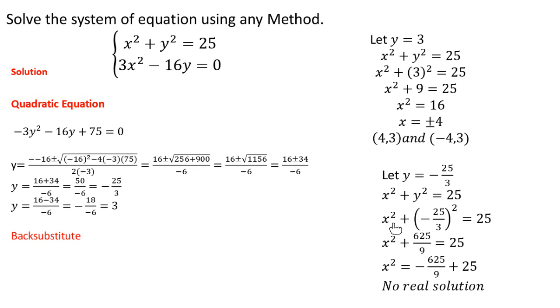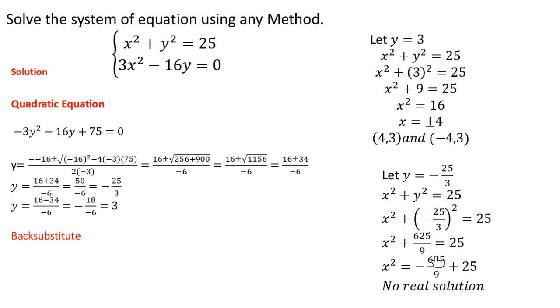So if I substitute negative 25 divided by 3 for all my y's, I get x squared plus negative 25 divided by 3 squared. So negative 25 divided by 3 squared is going to be 625 divided by 9. If I subtract that, I end up with negative 625 divided by 9 plus 25.